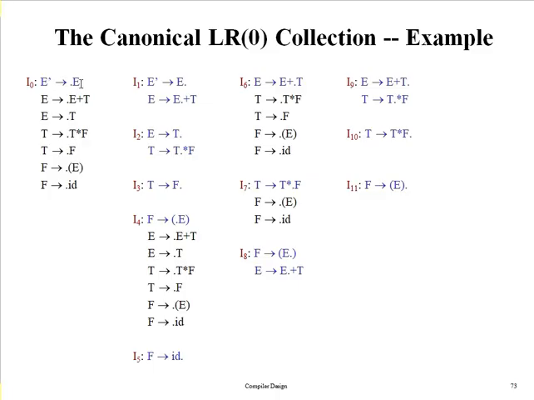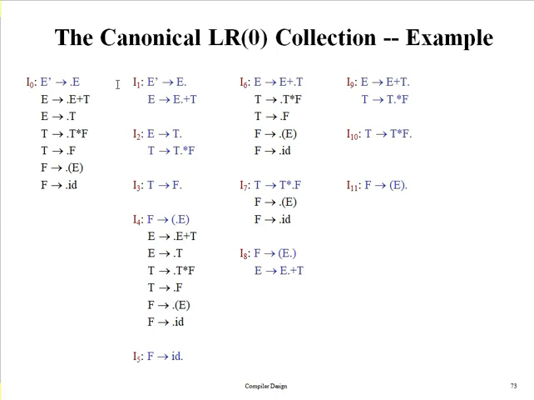Since we have the first two production rules with non-terminal E after the dot, those two production rules should be added to I1.